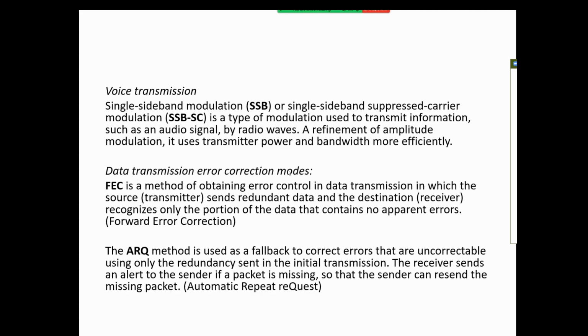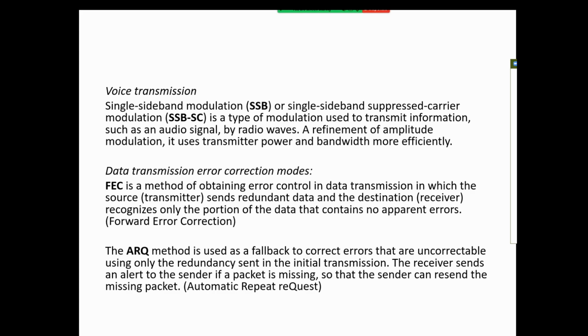Data transmission error correction mode. So that's voice transmissions. If it's a data transmission, there's two different methods of correcting errors: FEC and ARQ. FEC is a method of obtaining error correction in data transmissions in which the transmitter sends redundant data and the destination receiver recognizes only the portion of the data that contains no apparent errors.